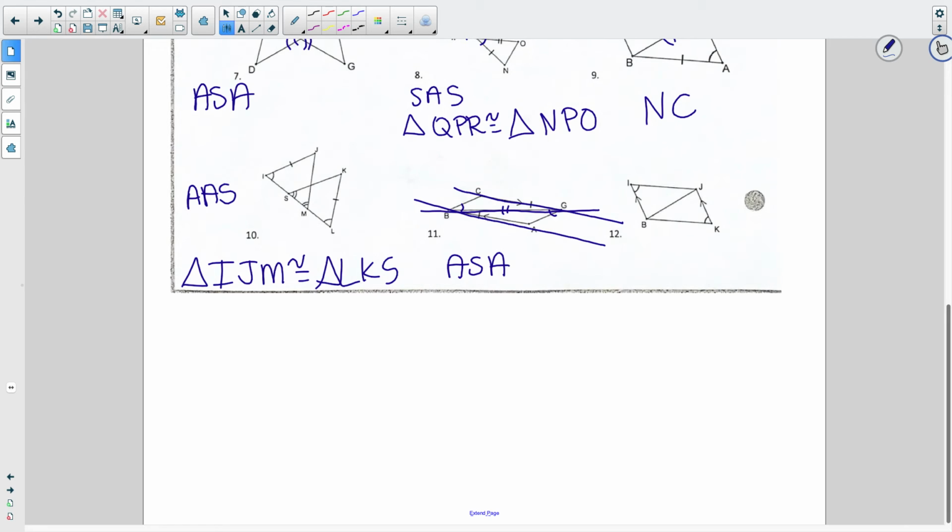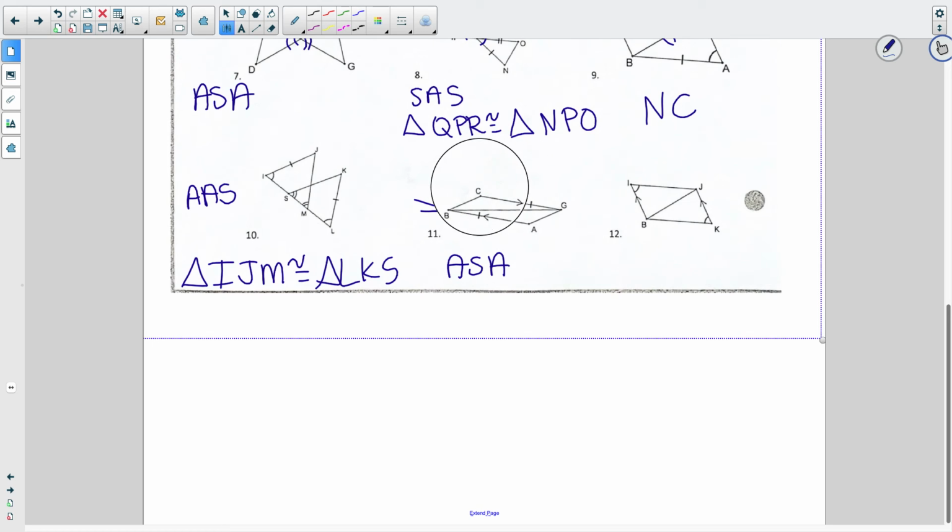Okay? Wait, I only see 1 angle though. I got side, angle, side. Yeah, I got side, angle, side. Well, if you mark these two, this one and this one, the parallel, and then you mark that, then that can give you side, angle, side. But you could also mark this guy and this guy.